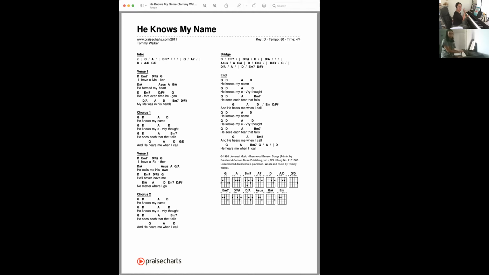What I'm doing is I'm just playing one, one, one, one on the right, and then the bass line is every half note.